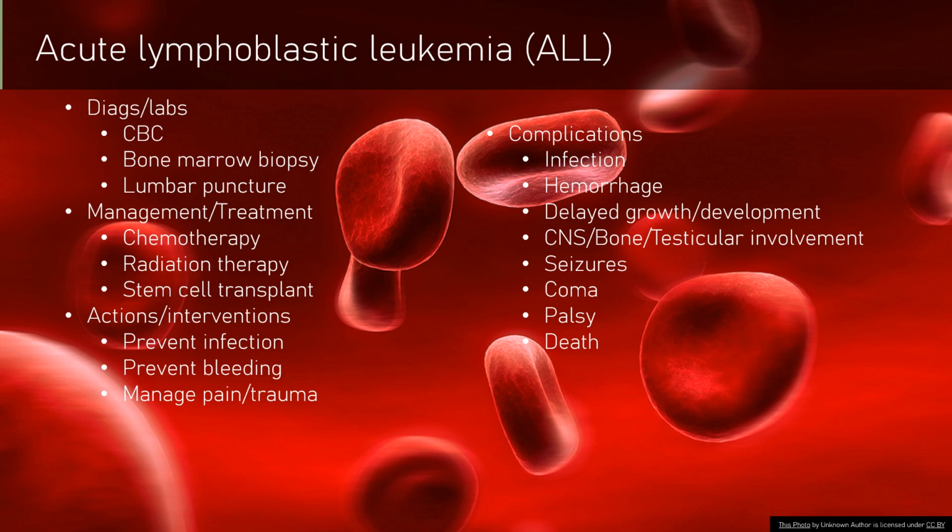New joint and bone pain, we want to report. New headache, vomiting, seizures, and coma. And it's frequent that one of the complications is different cranial nerve palsies and visual problems and changes that might never go away.